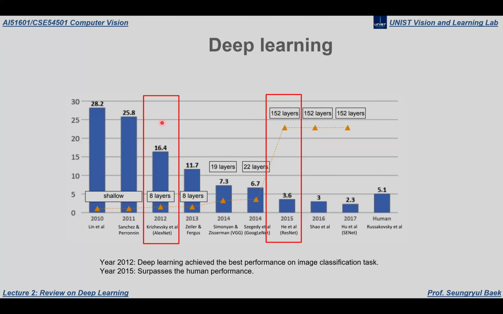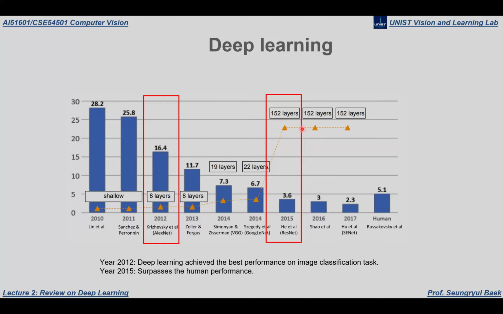You can see there was a huge gap between deep learning and shallow learning algorithms. After that, people tried to improve on AlexNet and gradually made the depth larger: 8 layers, 19 layers, 22 layers, and 152 layers.